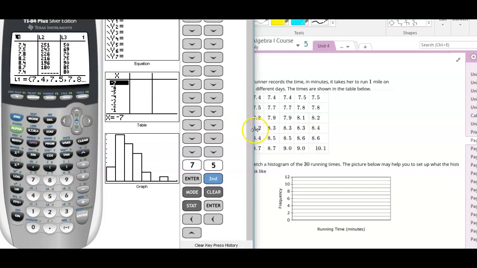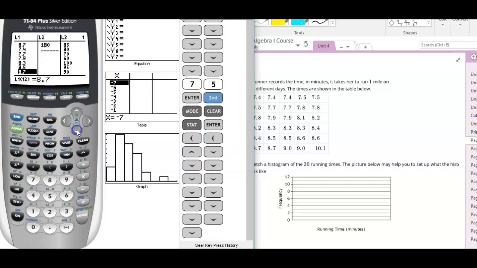I actually already put these points in my list 1. And to do so, you just type them in: 7.4, 7.5, 7.8, and so on until you have all 30 data points entered into list 1. If you haven't done so already, please pause your video and enter those data points now.